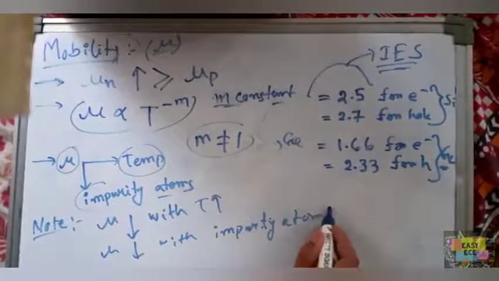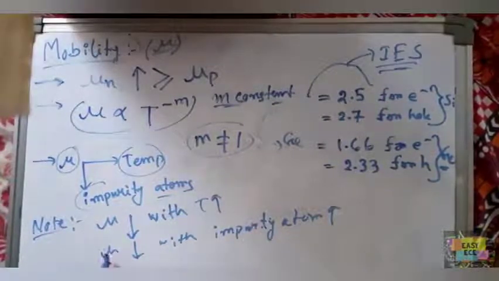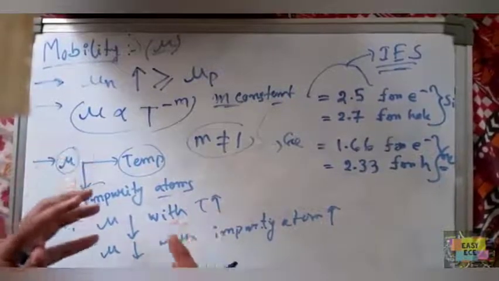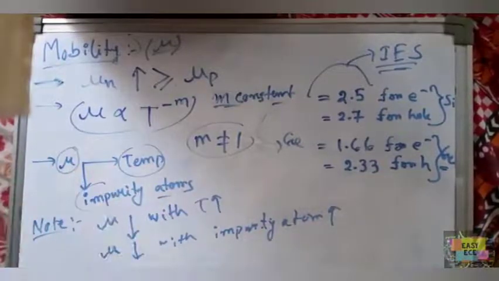If we increase the impurity atoms, then mobility will decrease. Obviously, with more impurity atoms the speed is also low, so that's why mobility is reduced.